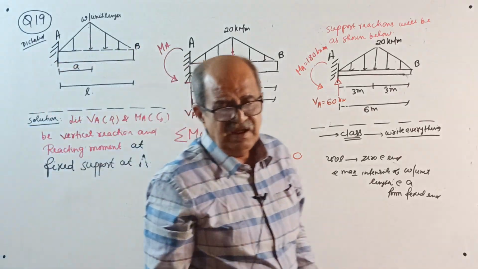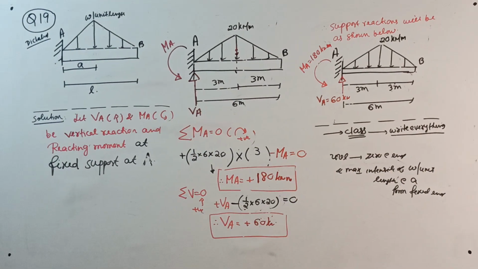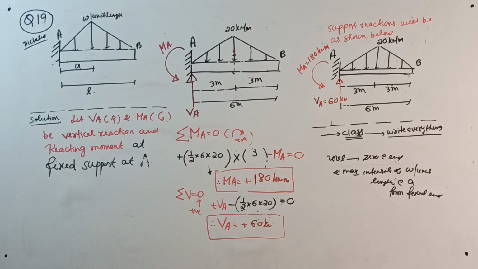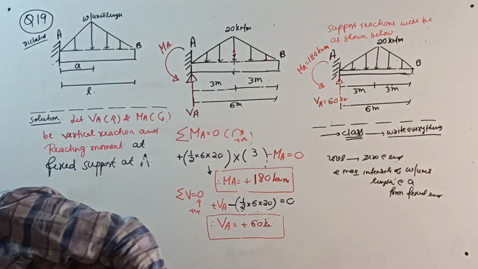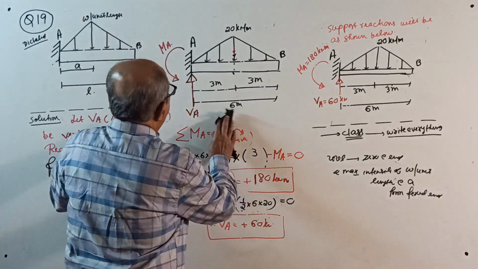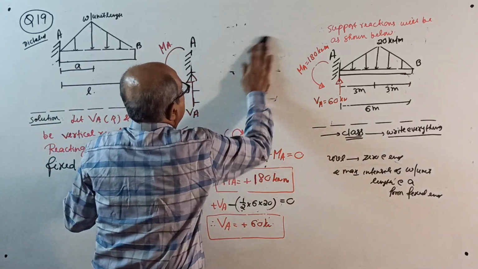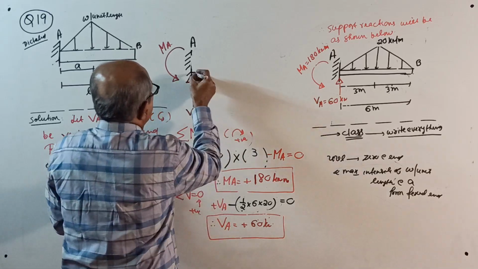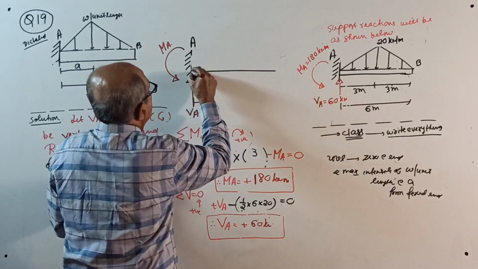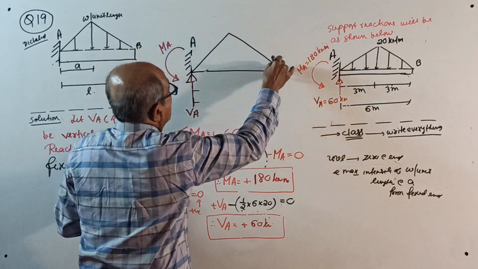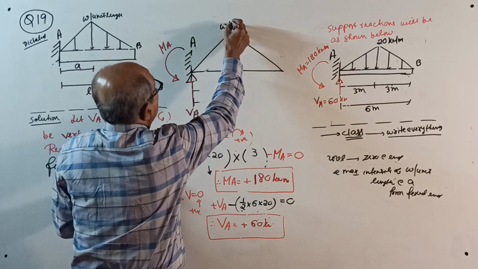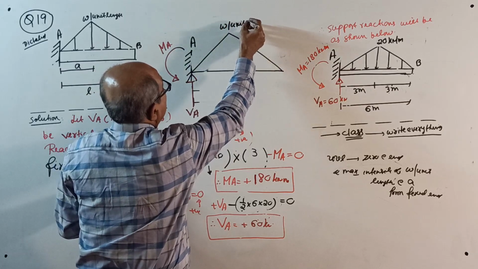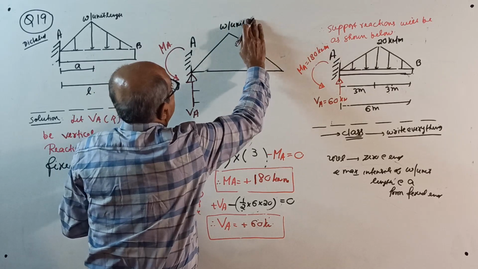Okay, now see correctly how to solve. It does not matter whether A is more than B or B is more than A, W per unit length.